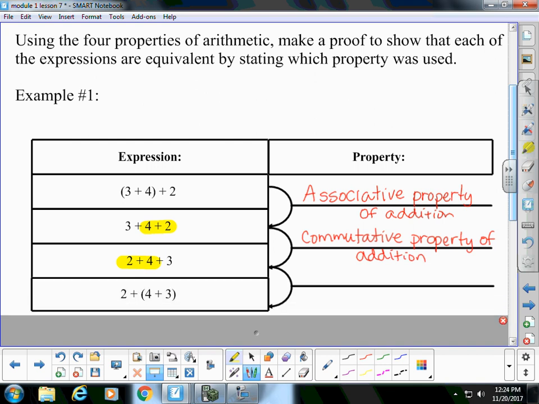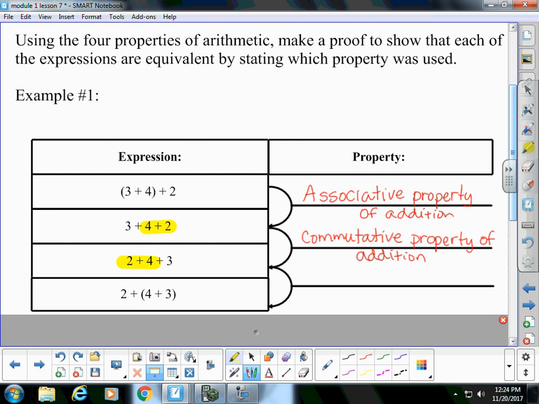Okay, and then the last one, they went from having no parentheses to having parentheses, which means grouping. So again, this would be the associative property. Everything's in the same order, so that wouldn't be changing the order around, which means no commutative property. They just decided to group the 4 and 3, and that says do this part first.